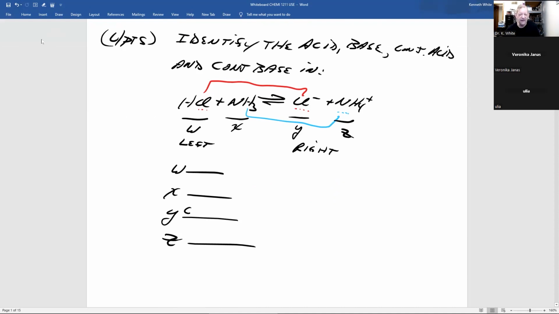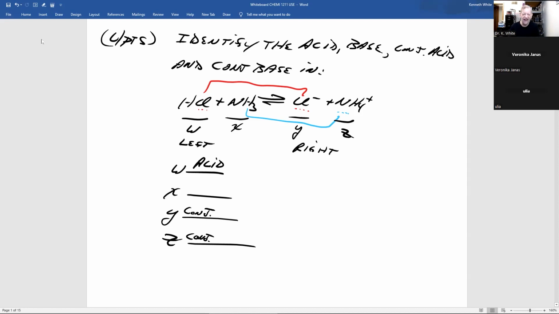So immediately I can put conjugate. Now, if we look at W going to Y, HCl, does it donate a proton, lose it, or gain one? Count the hydrogens, 1 to 0. Oh, it lost one. It donated one. That means W is an acid.